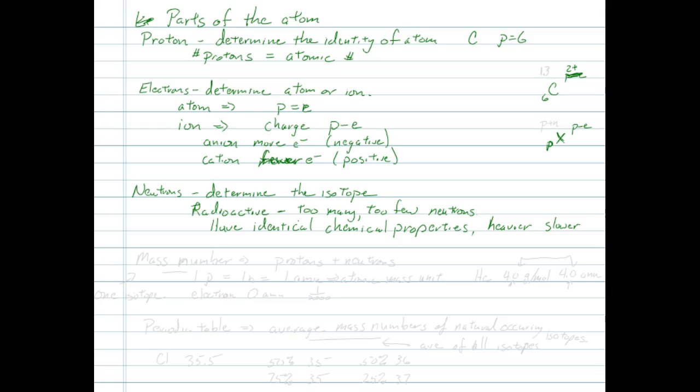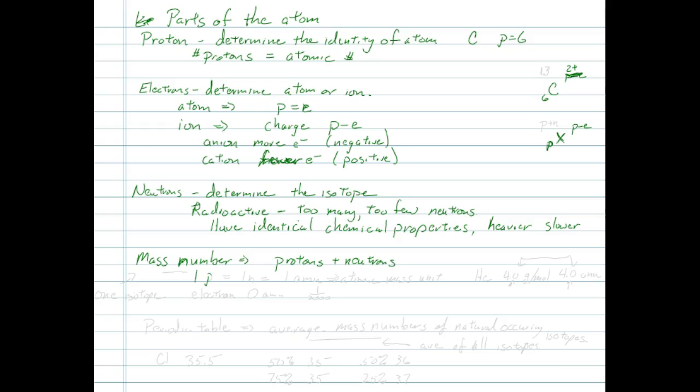Also with the neutrons, we have to worry about the mass number. The mass number is the number of protons plus the neutrons.